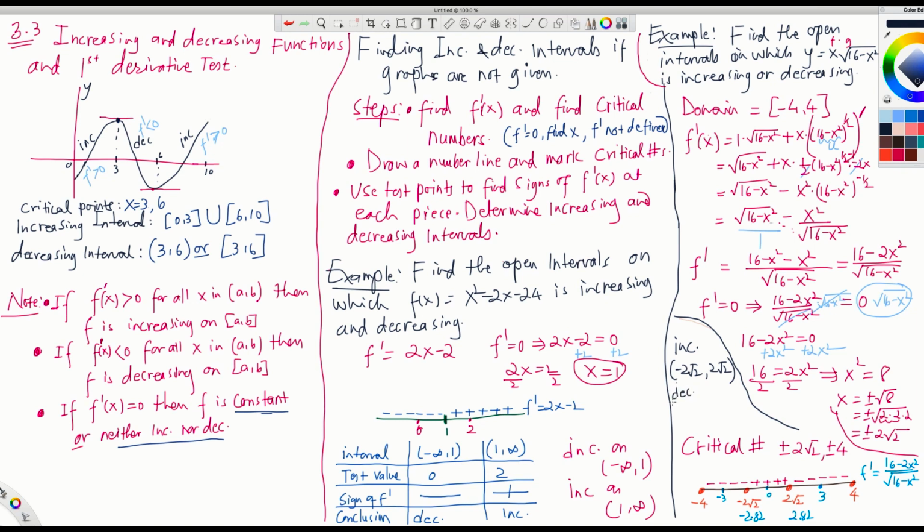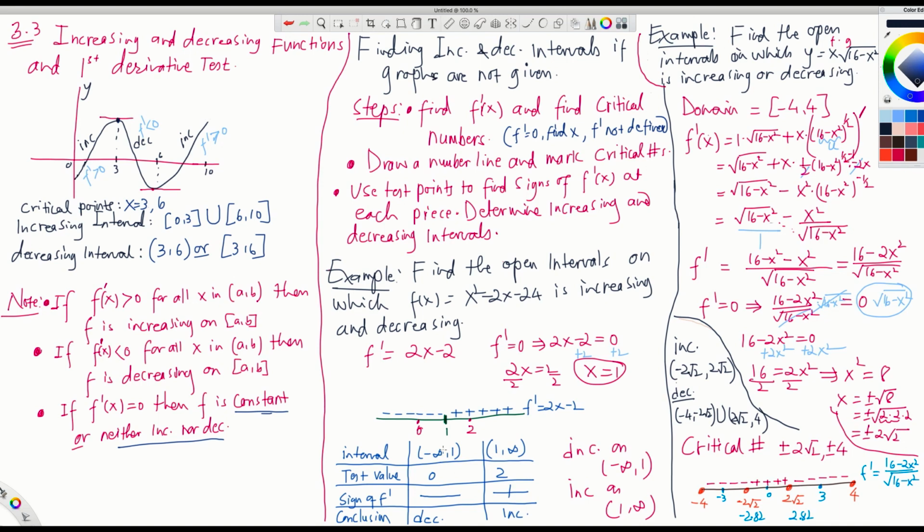Decreasing is where it has a negative sign: negative 4 through negative 2 root 2, union 2 root 2 through 4, open. You can separate that by comma or write union; both should work, depending on what the online homework asks. This is the decreasing interval because it has the negative sign.